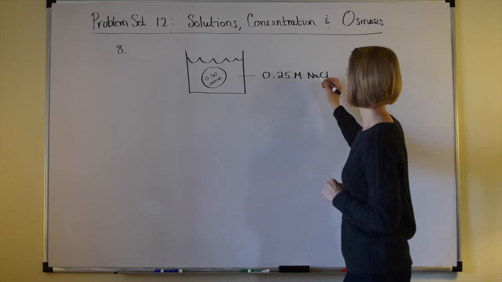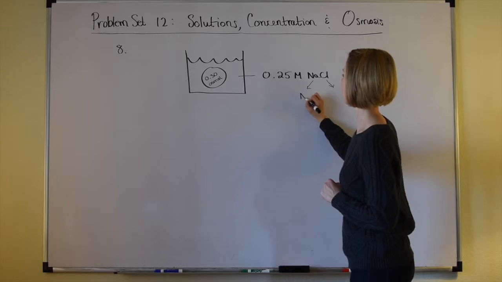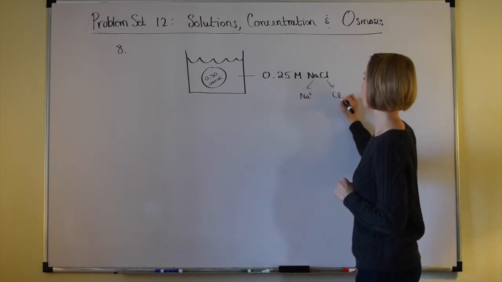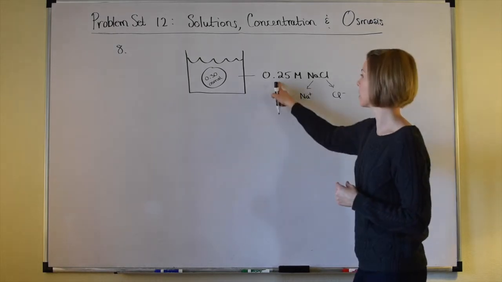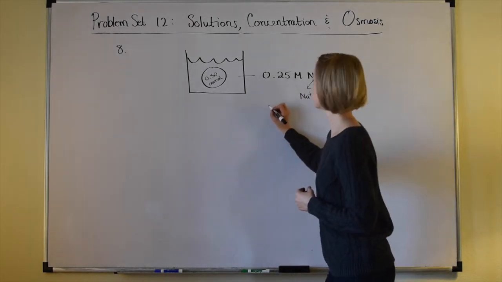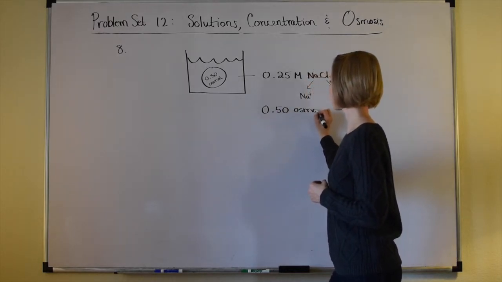So let's figure out what the osmolarity is here. We know for sodium chloride that for every 1 mole of sodium chloride, we're going to get a mole of sodium cations and a mole of chloride anions. So we're going to double the molarity value to get the osmolarity. So it's going to be 0.50 osmol.